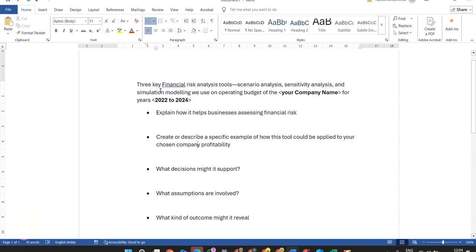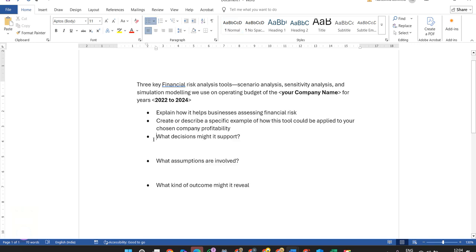So what I'm trying to do: the three financial risk analysis tools, scenario analysis, sensitivity analysis and simulation modeling, we use on the operating budget. From last week we created an operating budget, right? Operating budget of your company, for the year 2022. Now, using this, explain how it helps businesses assess financial risks.